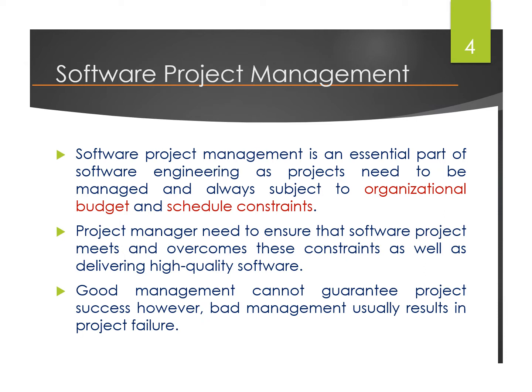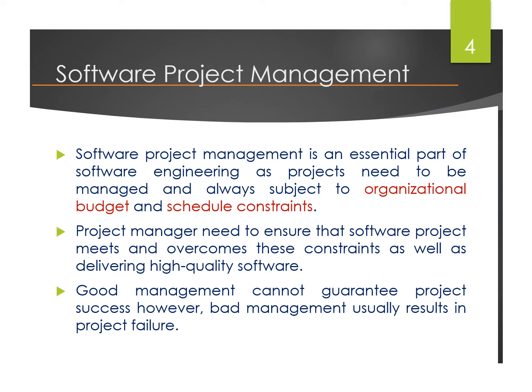Okay, some definitions so that everybody is on common terms. Software project management is very essential, very important for software engineering projects. Why? Because projects need to be managed. We normally work within constraints, which are related to the budget that is allocated, and also the time that is allocated for that project.